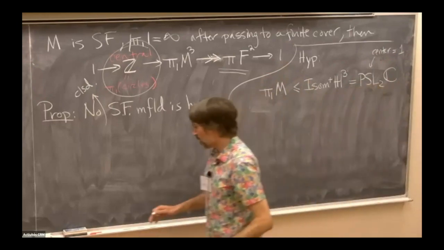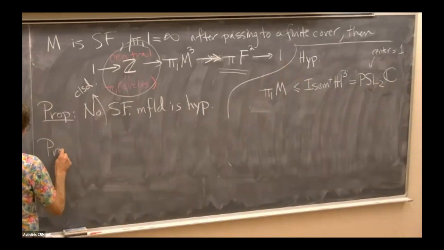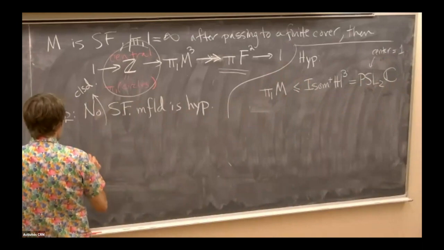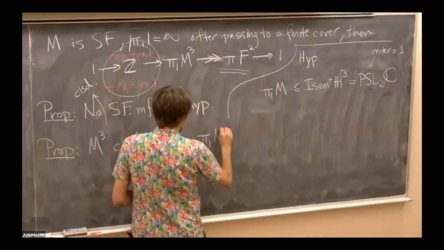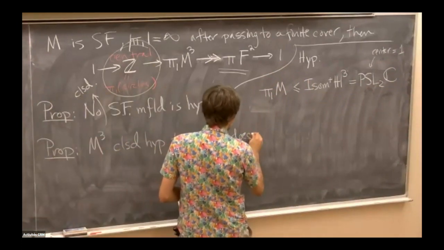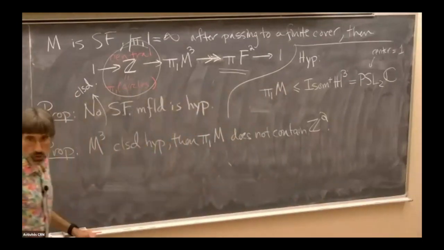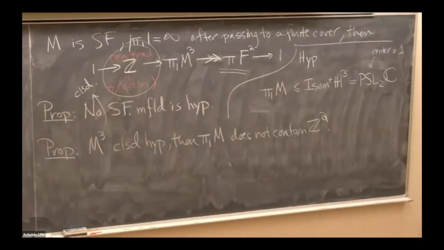So let me write this out as another proposition. If I have a closed hyperbolic 3-manifold, then its fundamental group does not contain the group Z squared. That's my claim.